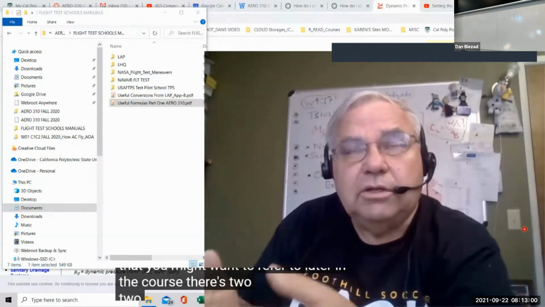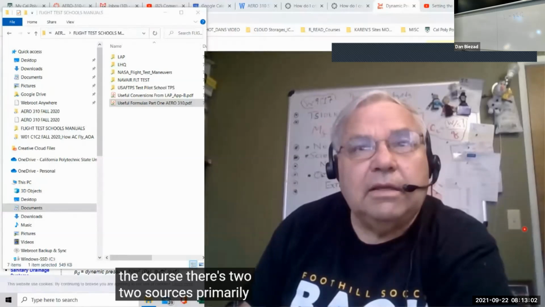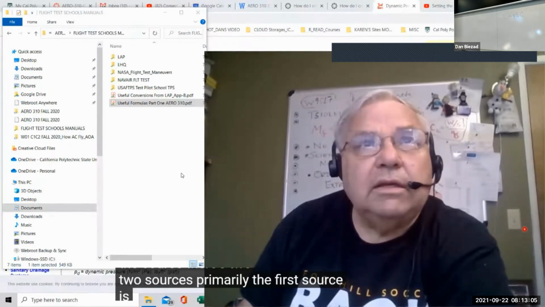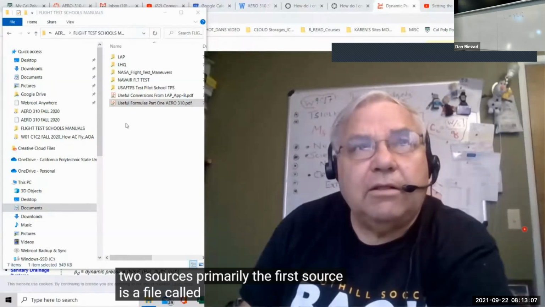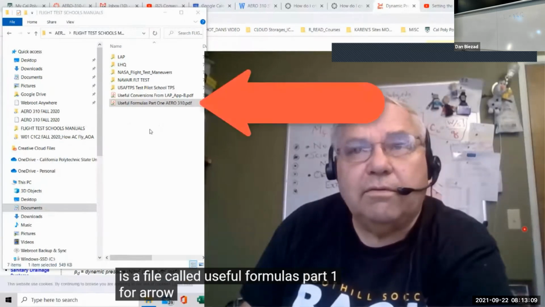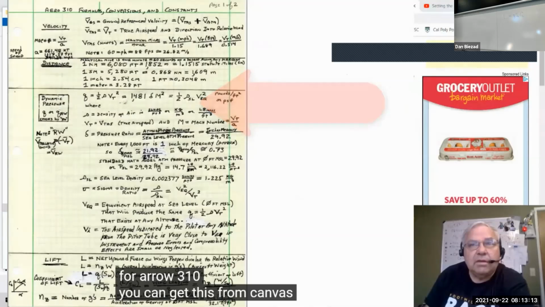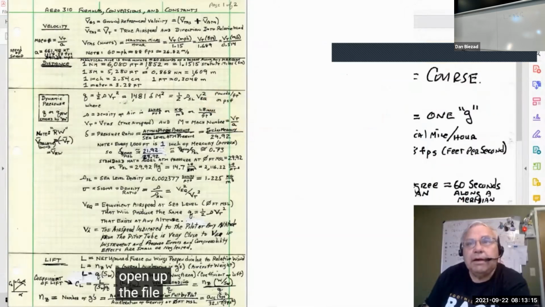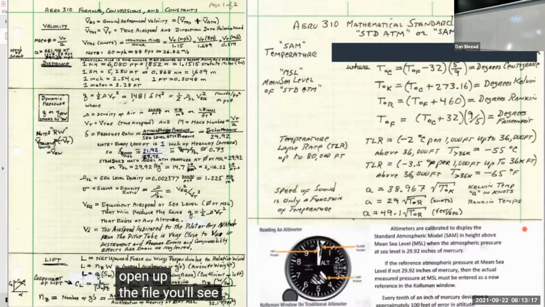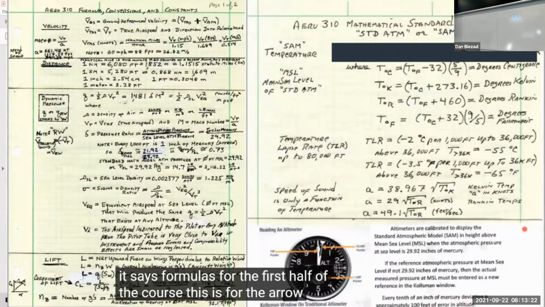There's two sources primarily. The first source is a file called Useful Formulas Part 1 for AERO 310. You can get this from Canvas, and if you open up the file, you'll see it says formulas for the first half of the course. This is for the AERO course.